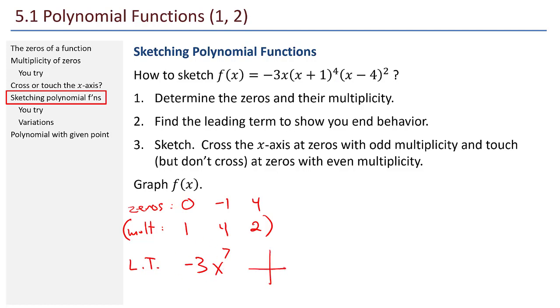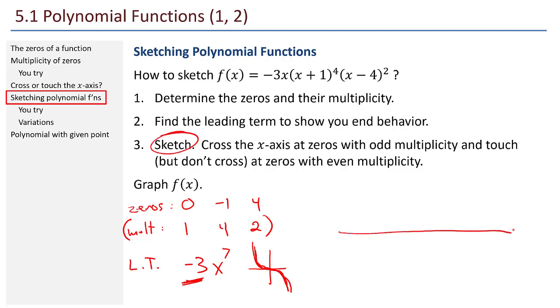I think to myself, x to the 7 is one of those odd power functions like that. Oh, but I want negative of that, so I need to flip it over. -3x to the 7. There we go. So this is the overall shape for the polynomial. Starts on the top left, and it will end up at the bottom right. I think I have all the information now to sketch.